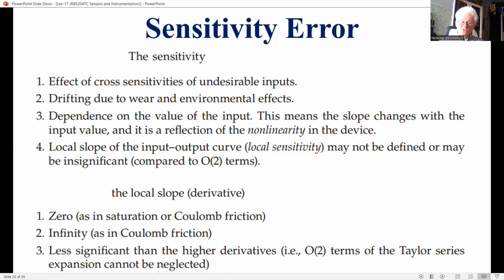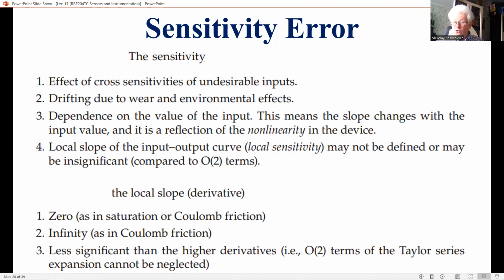Next is the local slope of the input-output curve. Concerning the last item, number 4 in this list, the local slope or derivative may be 0, or maybe infinity, or may be less significant than the higher derivative terms of the Taylor series expansion. Then, either a local sensitivity cannot be defined, or a local sensitivity is not significant.